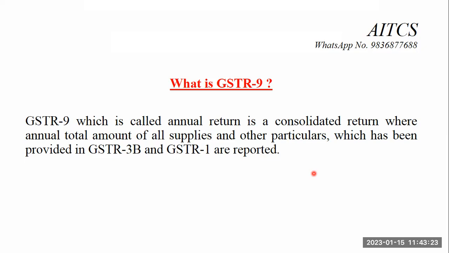In this annual return, the figures which appear in GSTR 3B and GSTR 1 are aggregated and consolidated, and those consolidated figures appear in GSTR 9. So GSTR 9 is an annual return where consolidated figures as given in GSTR 3B and GSTR 1 are reported on an annual basis.